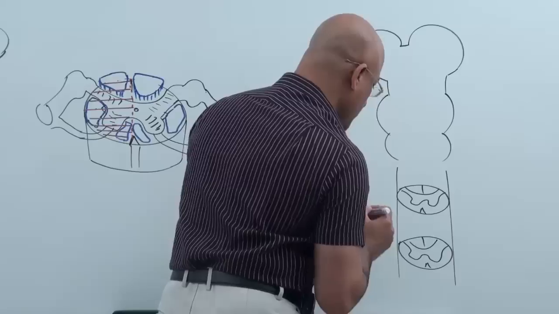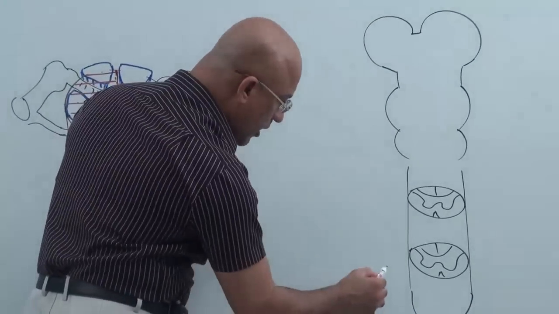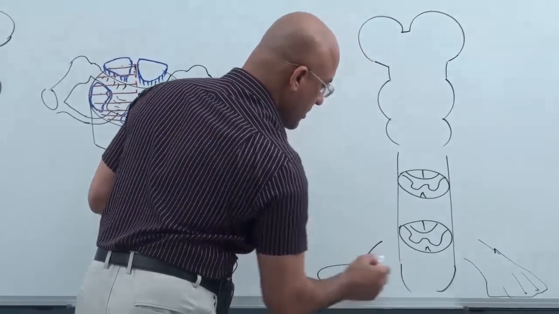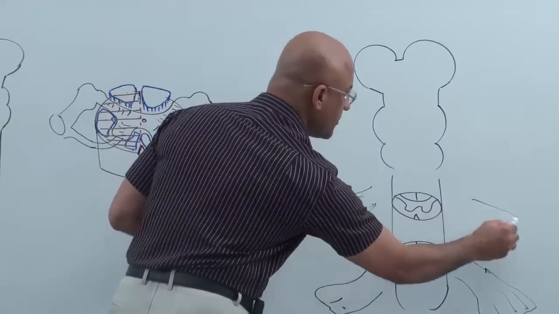Now, let's suppose this is supplying the lower limb. This supply is coming from the lower limb, and here, let's suppose, is the upper limb.